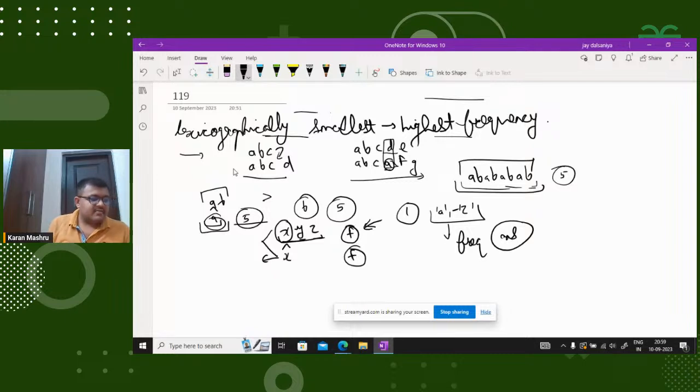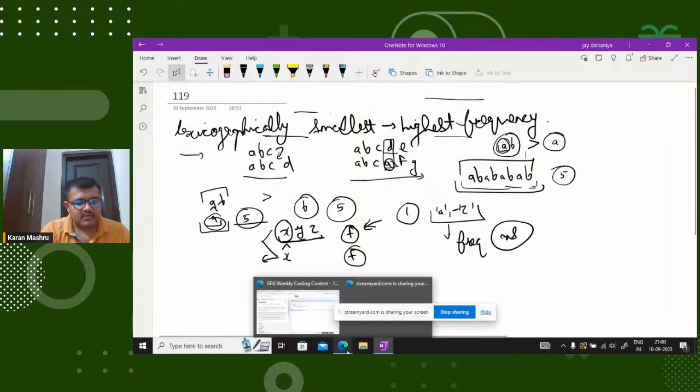Here we have ab also with maximum frequency 5, but the first character a, if you consider it alone, is also a substring with maximum frequency, and it is lexicographically smaller than ab. So basically we need to return the character which has maximum frequency, right? So now let us code it.